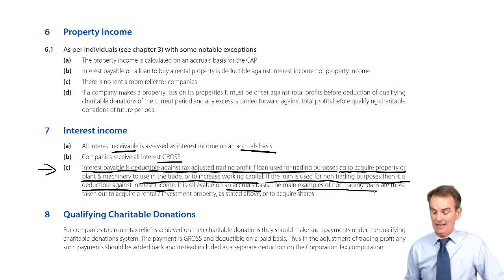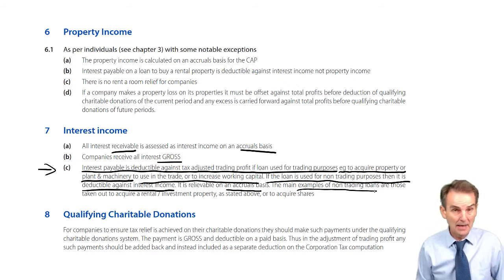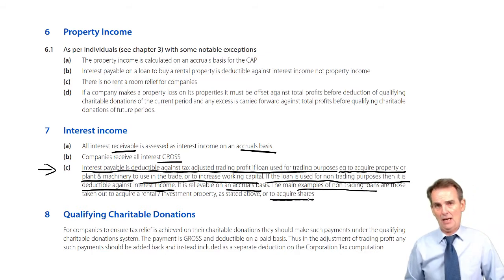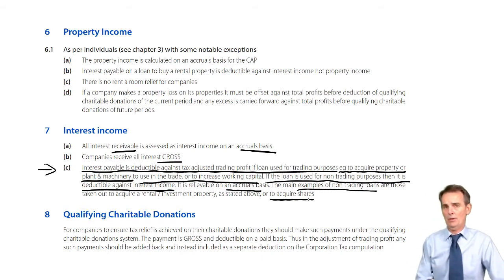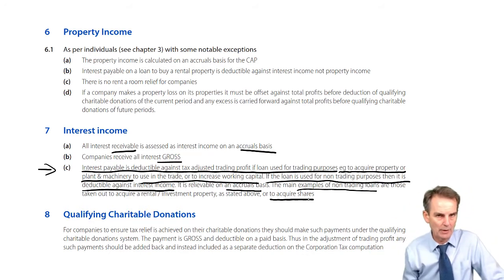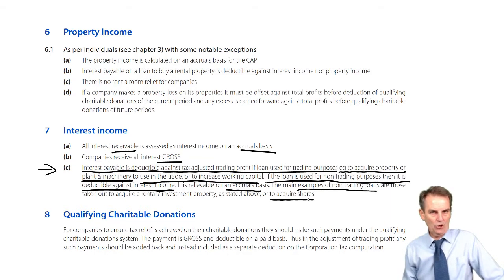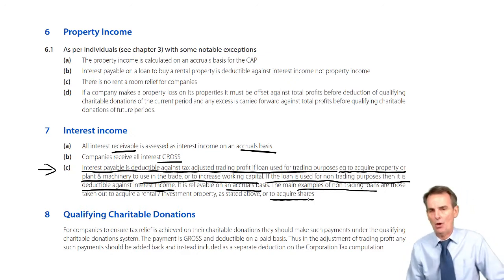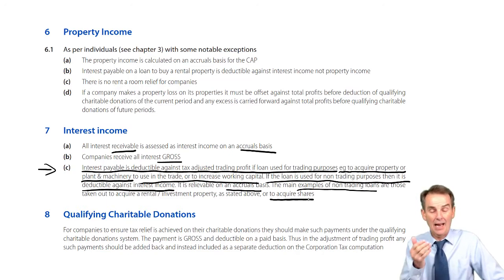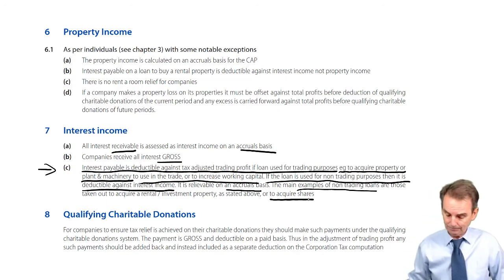So it's a deduction against interest income. The other main form of non-trading loan we might see is where you borrow to buy shares. So if you're looking at a group of companies, you've got a parent company owning the shares in its subsidiary companies. It had to purchase them, presumably. Where did the money come from? So if the parent company borrowed to buy shares, that is a non-trading loan, and again the same treatment applies.